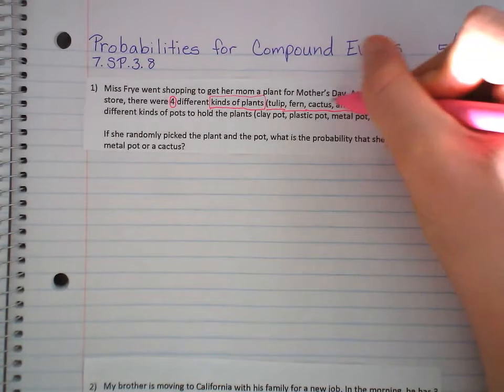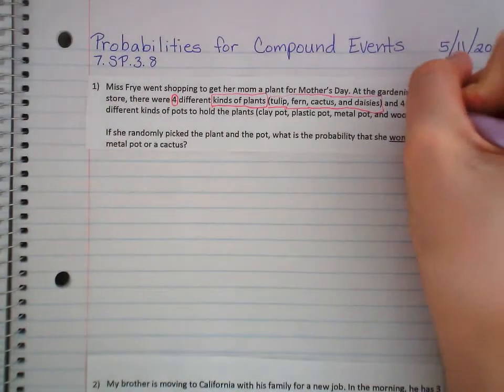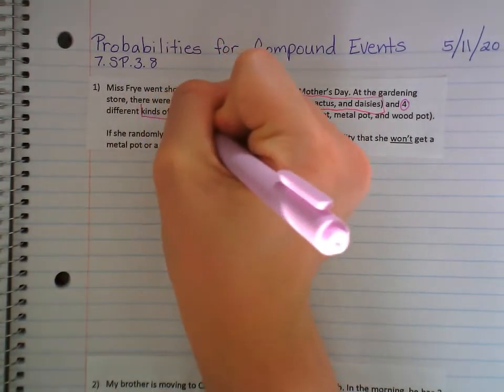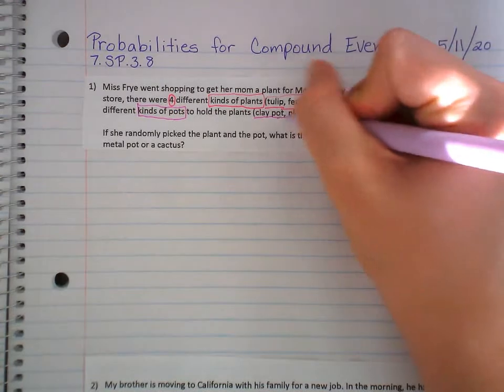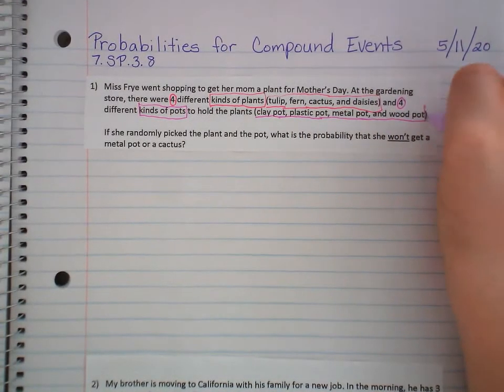So those are 4 types of plants. We also have 4 different kinds of pots to put the plants in. We have clay pots, plastic pots, metal pots, and wood pots.